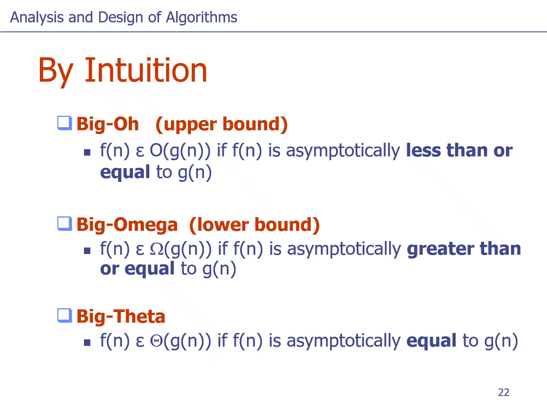So, to summarize, now you know 3 formal notations that are used to describe the performance of code. Big O is an upper bound, big omega is a lower bound, and big theta is when big O and big omega agree.